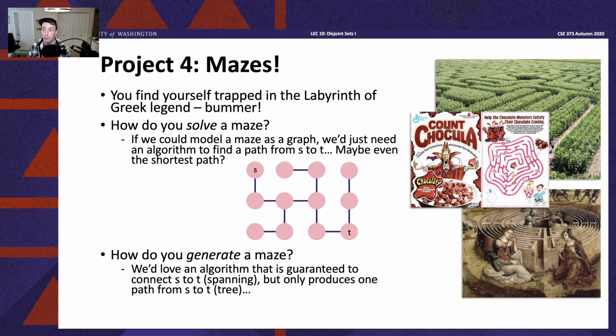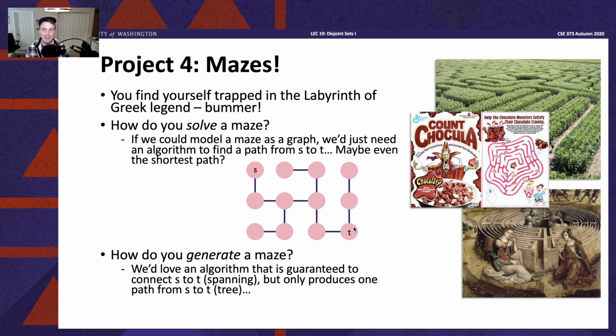So how can you make a random maze that you can give to your friends to try to solve? And what we're going to want in this maze generation algorithm is some way to make sure that we can always connect a path from the start to the end, that's guaranteed to connect, and there should only ever be one valid path. We don't want multiple paths.